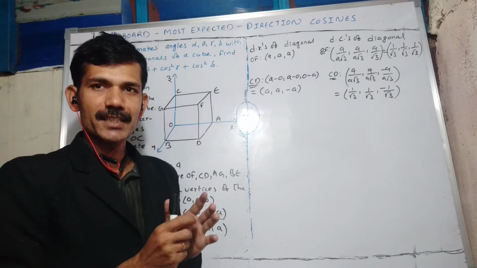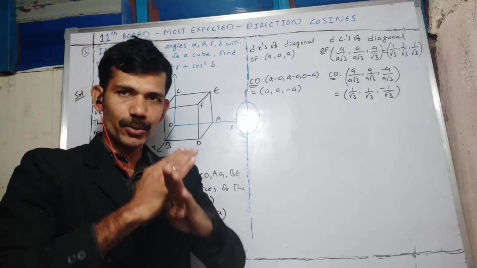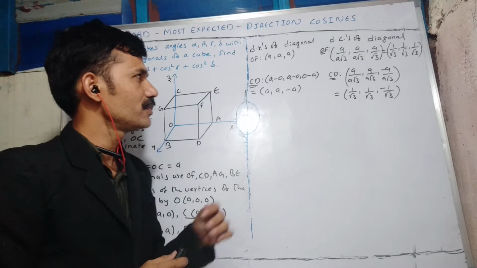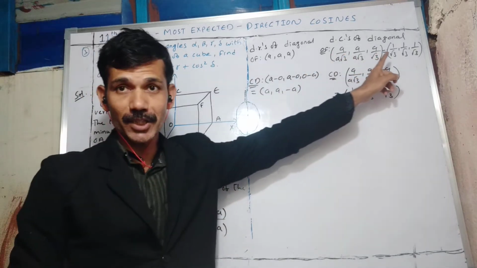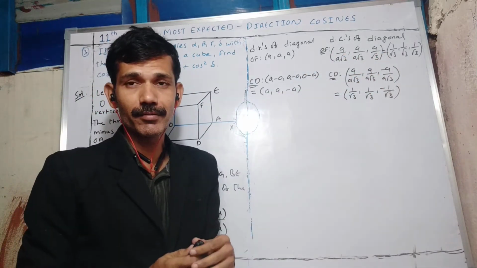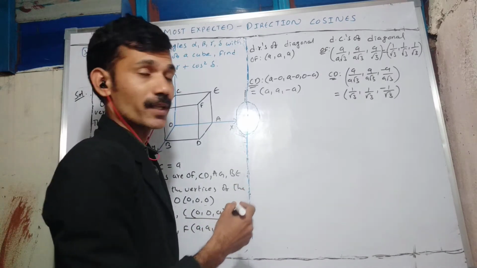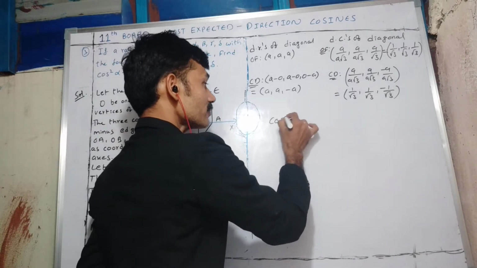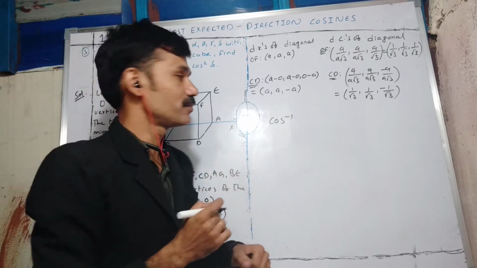Suppose they asked for the angle between two diagonals, then how? Now we have the direction cosines of OF and CD, so we can find the angle between the two diagonals of a cube.